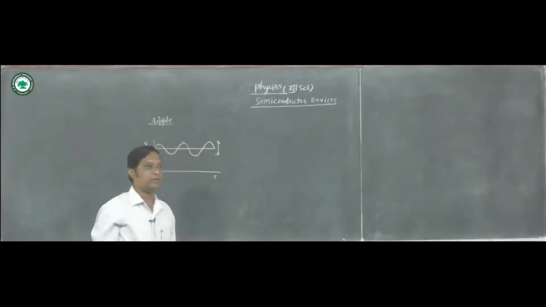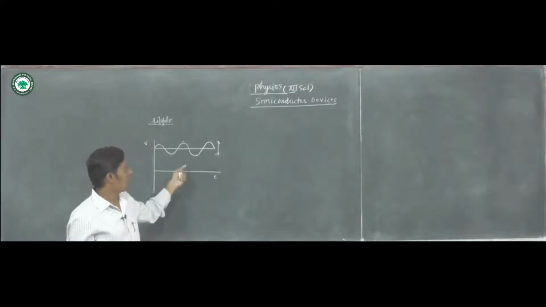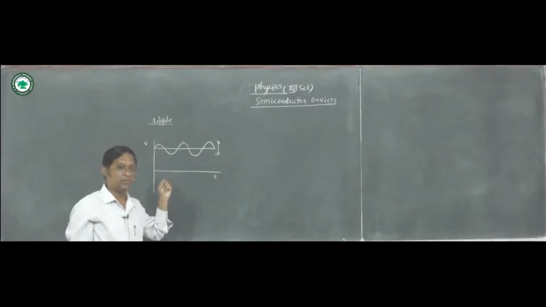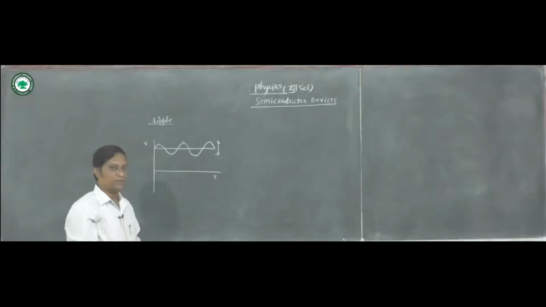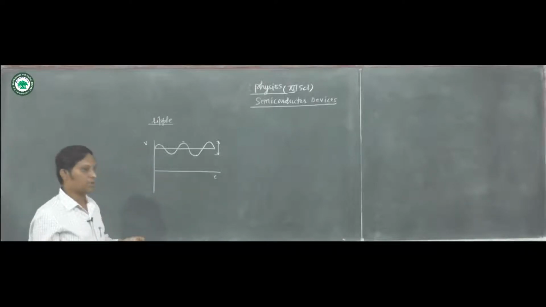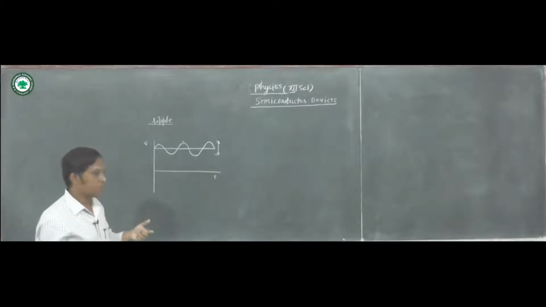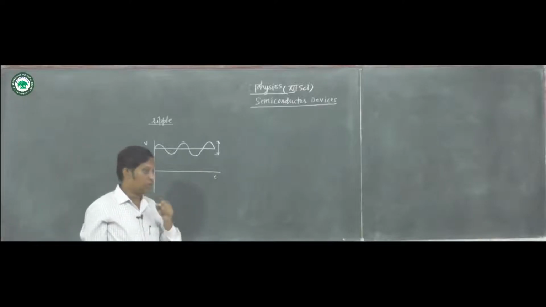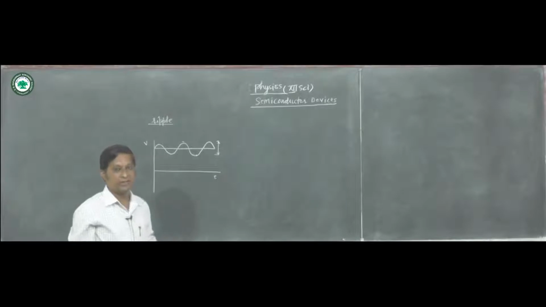Because of this AC component, the output of the full wave rectifier is fluctuating. The efficiency of that output depends upon this ripple factor. If this ripple factor is large, it is not efficient. If the ripple factor is less, then the DC output is effective.